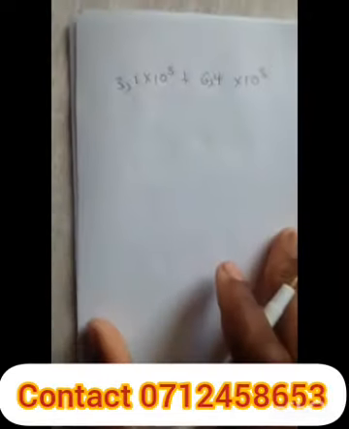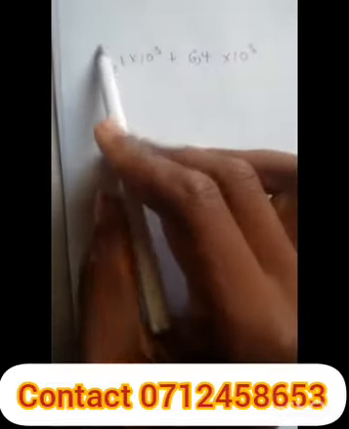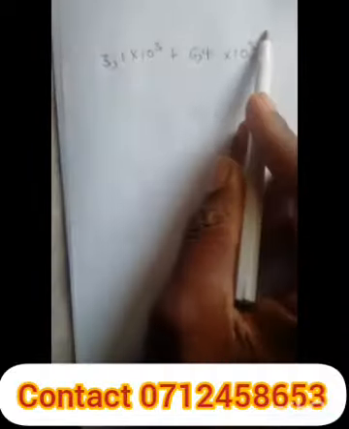Maybe you are given a certain question or a certain problem, like 3.1 times 10 to the power of 3 plus 6.4 times 10 to the power of 3. All right, I need you to understand. If you understand this part, you will not go wrong. If you understand this part, you are already okay.